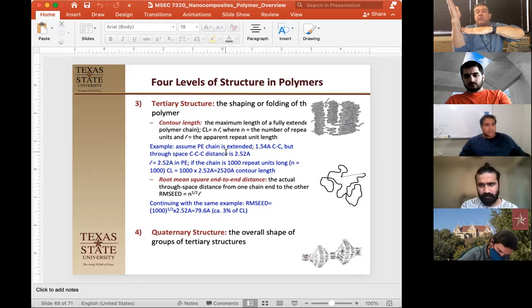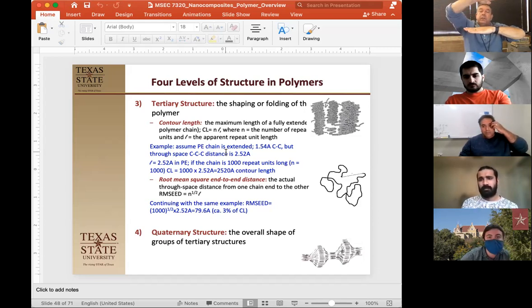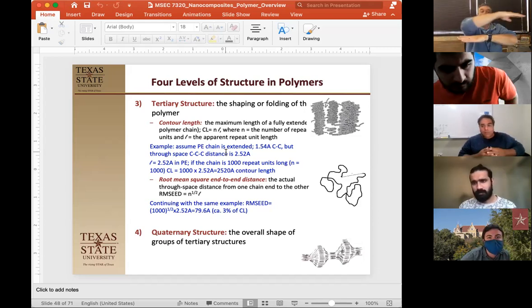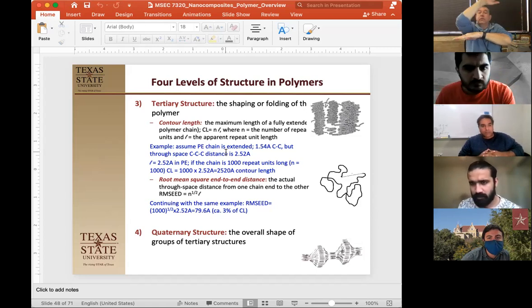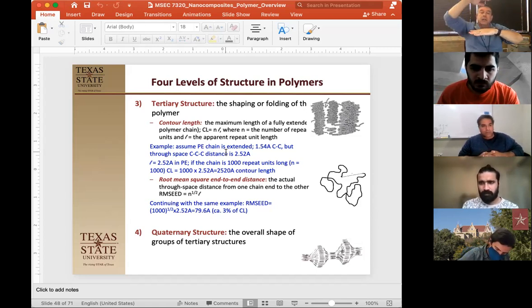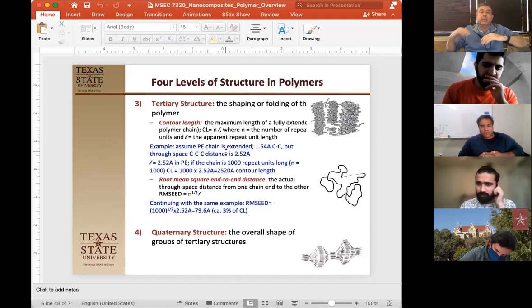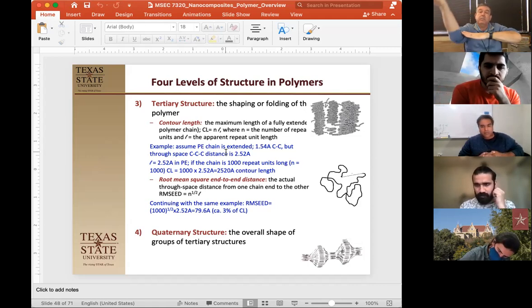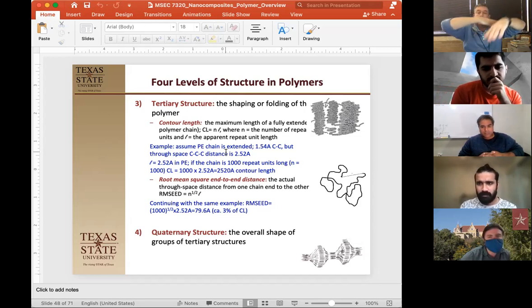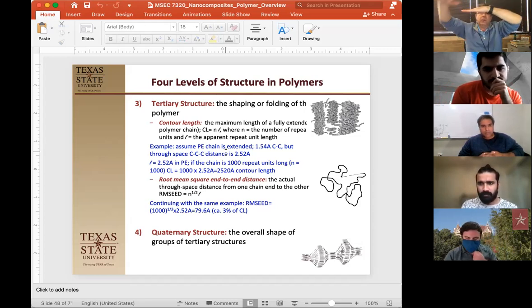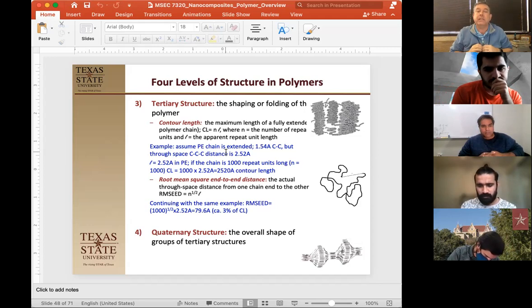Well, that'll let it fold over partially, and then you'll have another one that can fold over again. Then they'll crystallize, and then it'll fold over again and crystallize and fold over again. So we have this contour length, this maximum length that the polymer chain can extend, but then be able to fold over on itself. And when it folds over on itself, that gives us our tertiary structure.